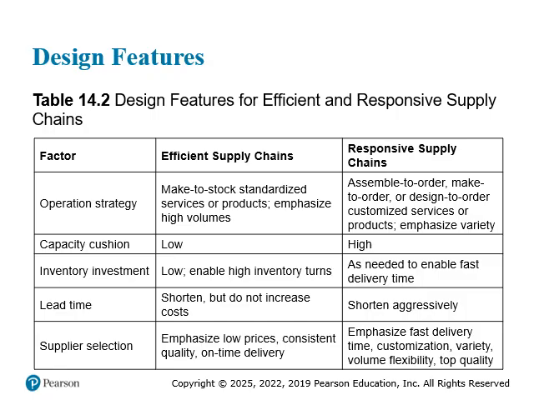When we're thinking about a responsive supply chain, it's not such a repetitive sort of operation that's going on with our relationship to suppliers. We won't probably have a 1-year contract for the supply of a part like you might have, or even a 5-year contract like you might have with an efficient supplier. Instead, what we're probably going to have is some knowledge of what our supplier's capabilities are.